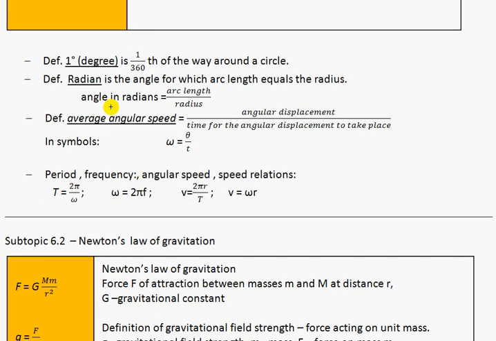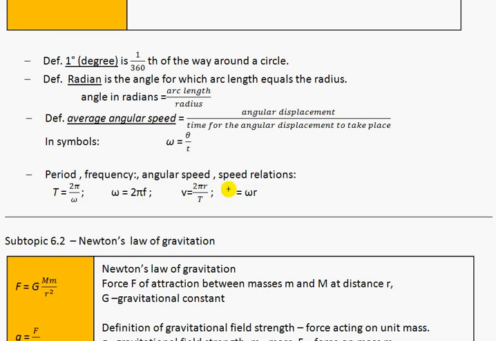So what is useful? 1 degree is 1/360th around the circle. Radian is the angle for which arc length equals the radius. Average angular speed is angular displacement, or angle swept divided by time, so angle per second.